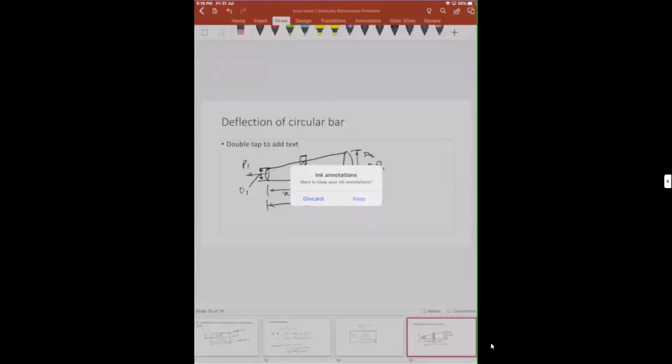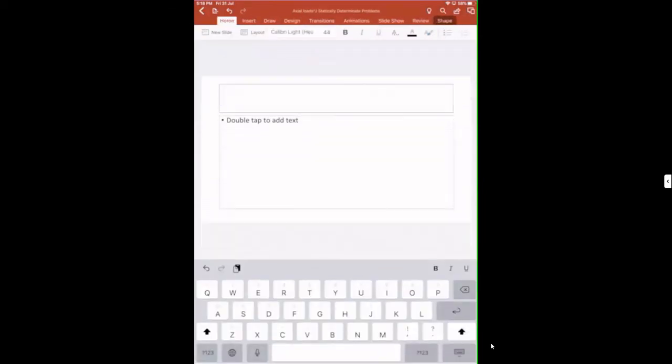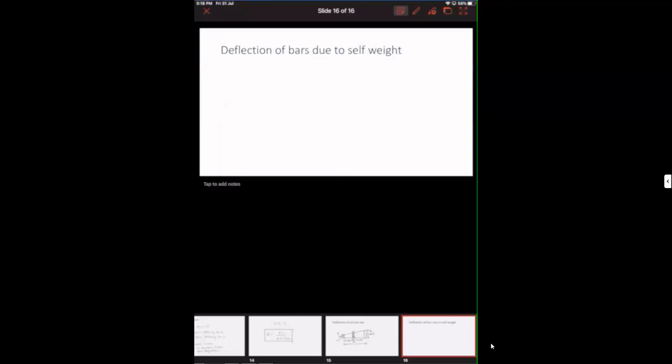Under the topic deflection due to axial load, we are left with deflection of bars due to self weight. So deflection of bars due to self weight we will be discussing in our next class. And deflection of conical bar, residual stresses and concentration of stresses. These 3-4 topics we will be discussing.